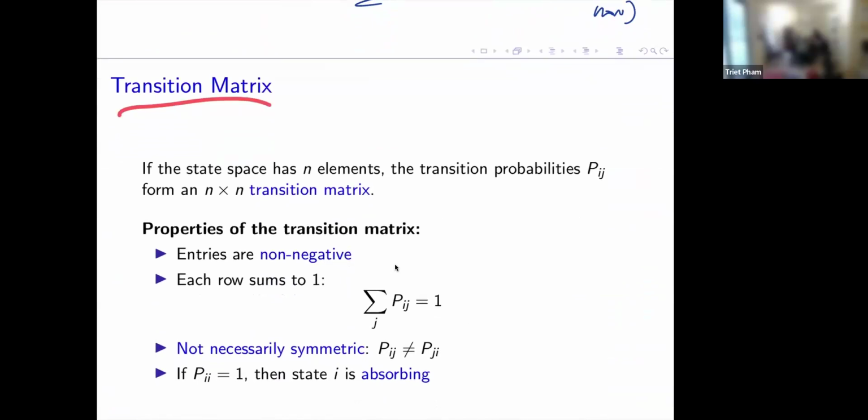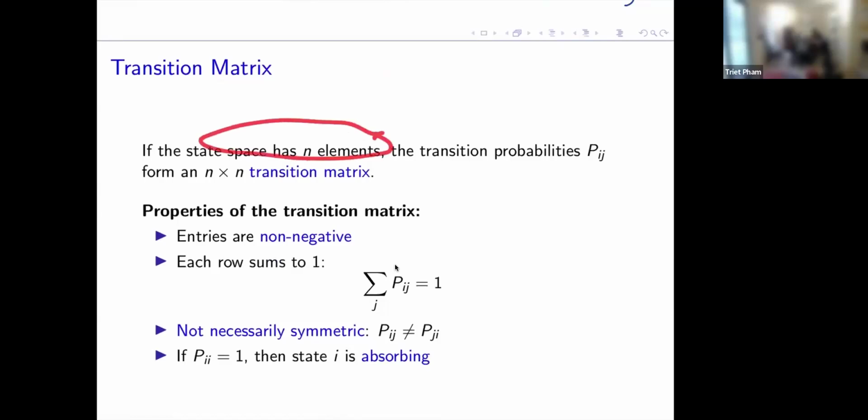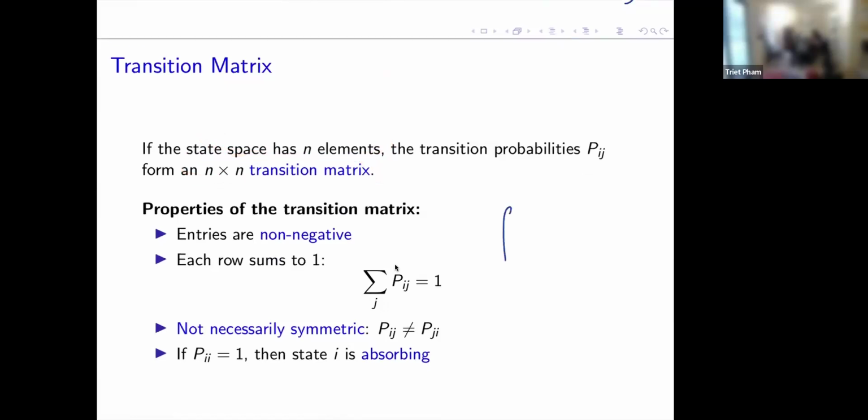I think this is not the first time you've seen or heard of this. So if a state space has n elements, if X can take n possibilities, then you arrange Pij, let's say, as a 3x3 matrix.